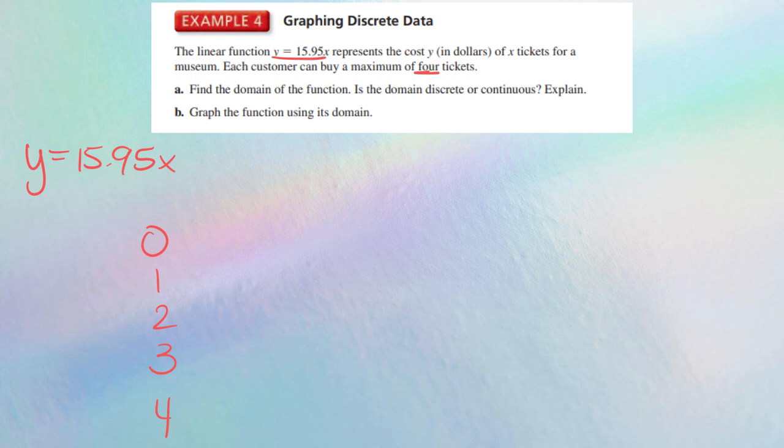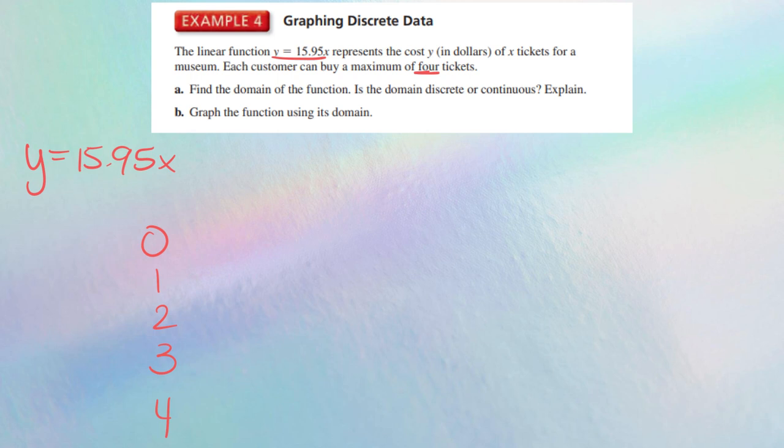What does maximum mean? Can they buy 5 tickets? It's like the Taylor Swift concert. You're going to maximum buy what? 4 tickets. There is a maximum. You cannot buy more than 4 tickets. Correct? So always think that there is sometimes a maximum or a minimum. Sometimes they tell you that you can only buy a minimum of 2 or greater.